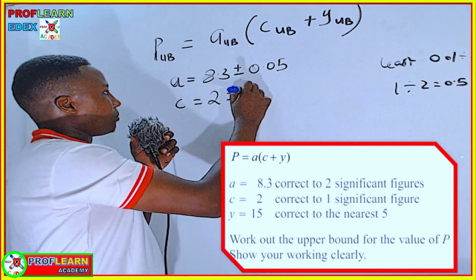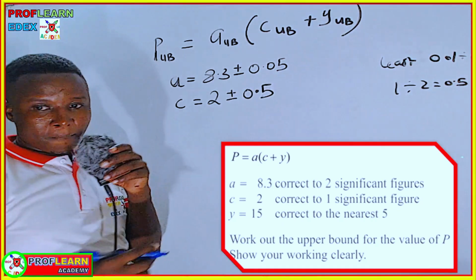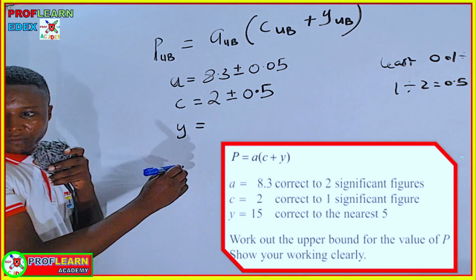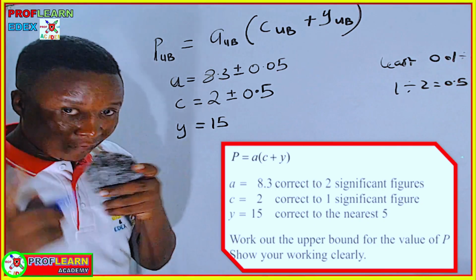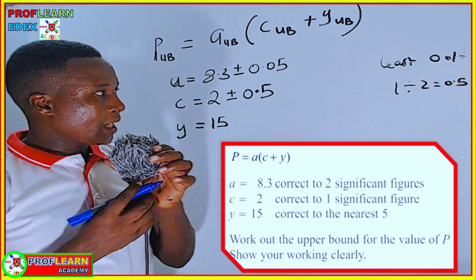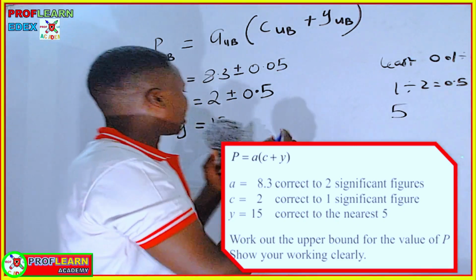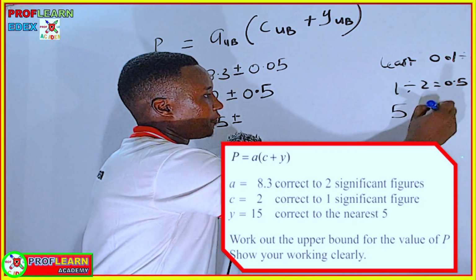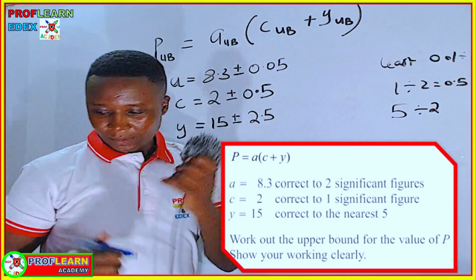So it's plus or minus 0.5. Then we have y, and the value of y is actually 15, and to the nearest 5, it means the least unit that can be measured is actually 5. So the absolute error is this 5 divided by 2, which becomes 2.5.